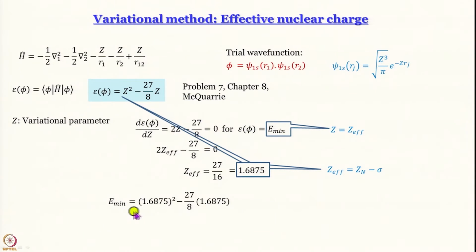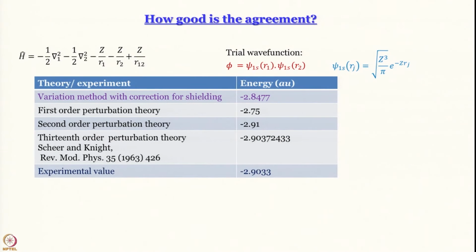E min turns out to be minus 1.6875 squared plus 27 by 8 times 1.6875, that turns out to be minus 2.8477, which translates as minus 77.49 electron volt. Okay. So, we are getting close, but perhaps not close enough, that is the problem. Close, but not that close also.